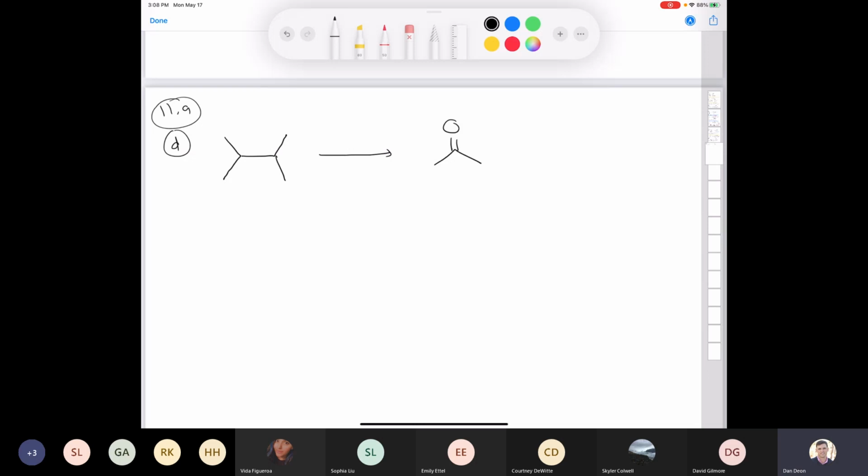Could anybody suggest where I might start with this one? And it's not a trick. You know I wouldn't try to do that. Anybody have an idea where I might start with this one? Keep in mind, I'm starting with an alkane.